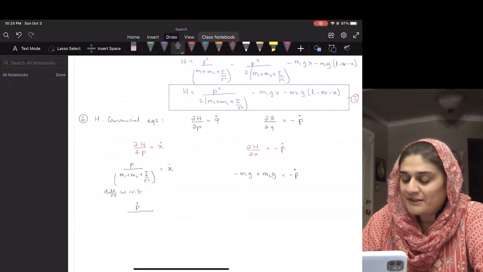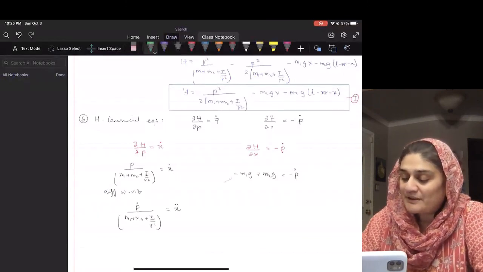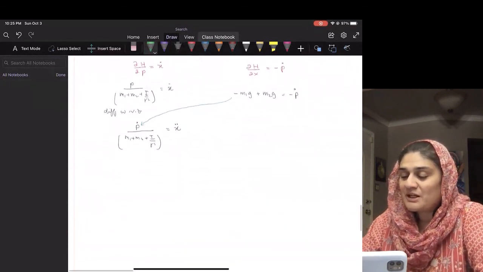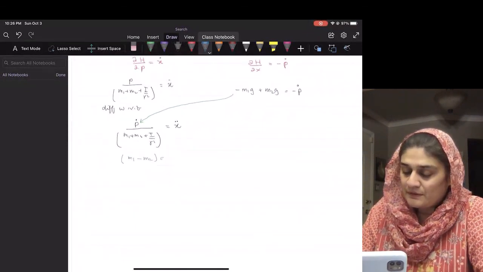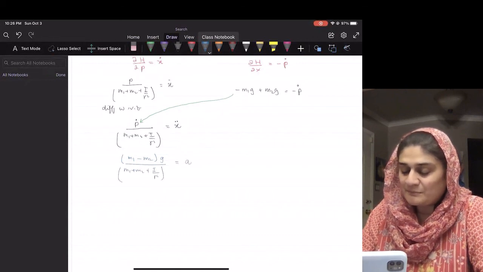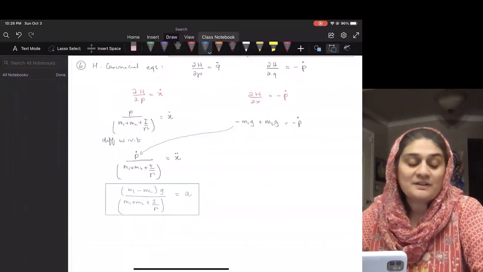P dot divided by (M1 plus M2 plus I over R squared) equals X double dot, which means I can plug this value in here. So the expression becomes (M1 minus M2) g divided by (M1 plus M2 plus I over R squared) equals A, which is the same expression again, except this time we were using the Hamiltonian method.